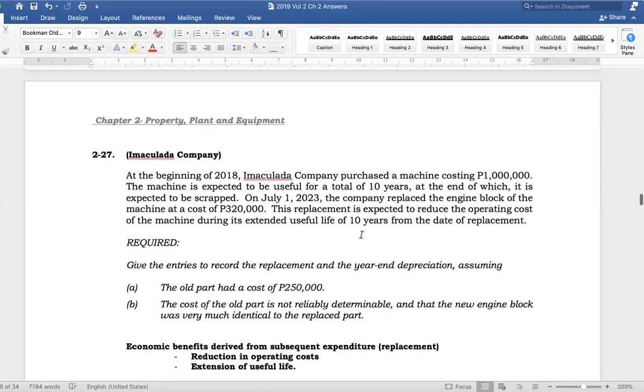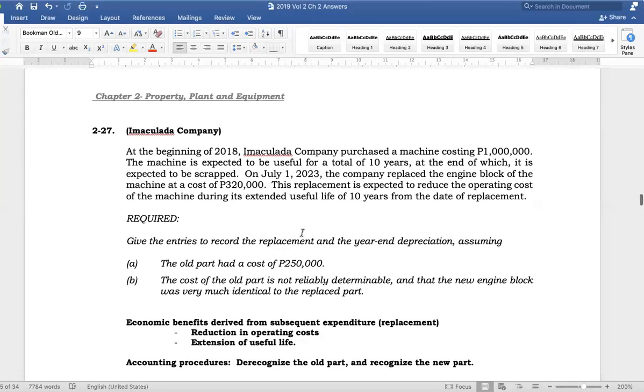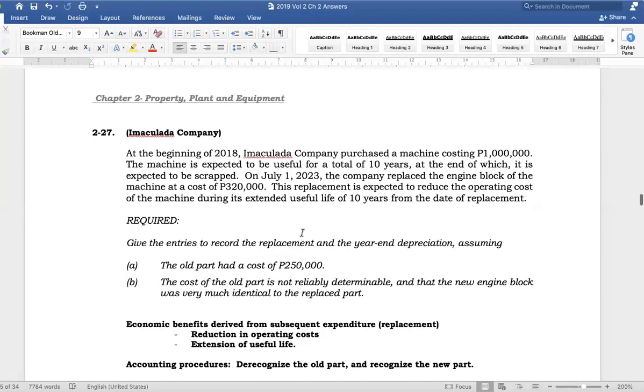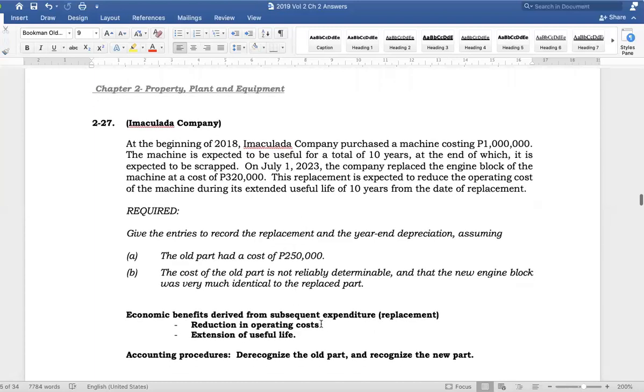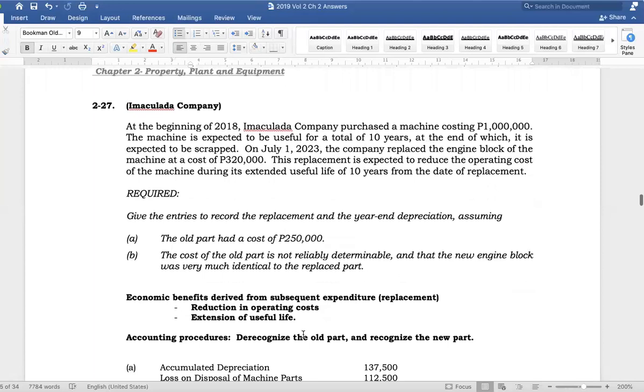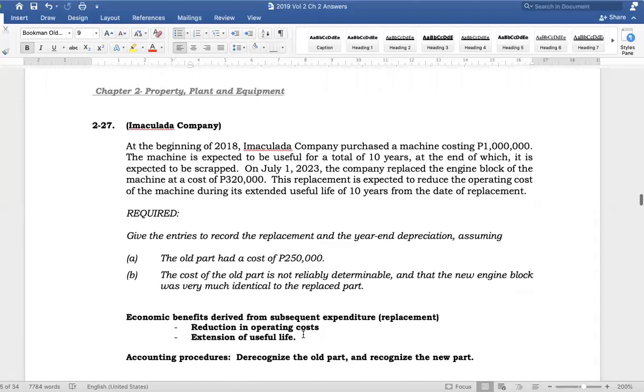What are given here are that the replacement is expected to reduce the operating cost of the machine and that the replacement extends the useful life of the machine to 10 years from the date of replacement. So there are two economic benefits derived from this subsequent expenditure: reduction in operating costs, and second, extension of useful life. And therefore, we are to capitalize.